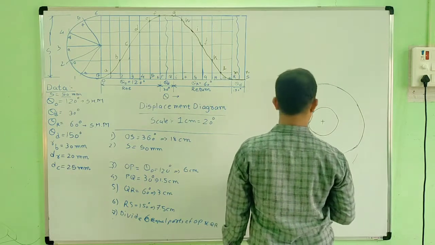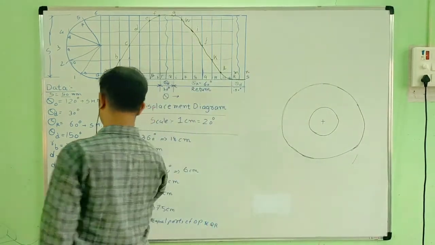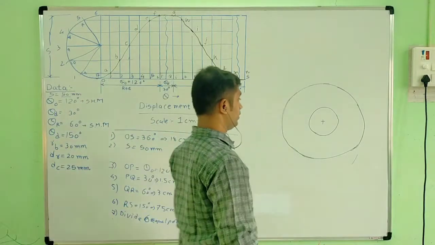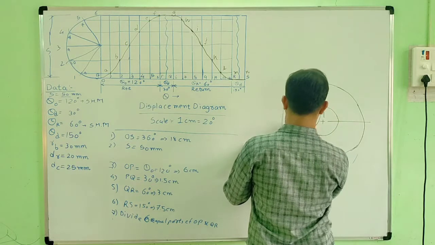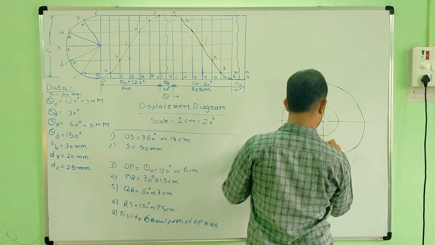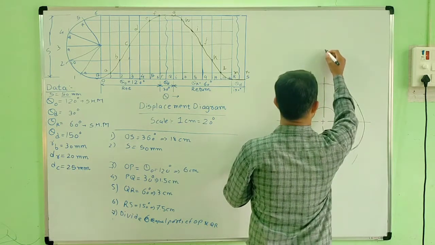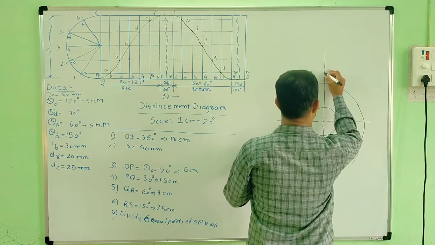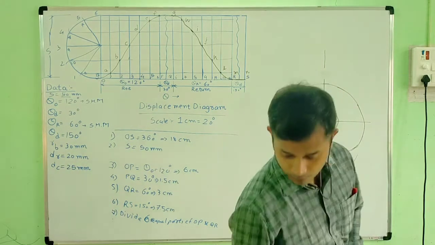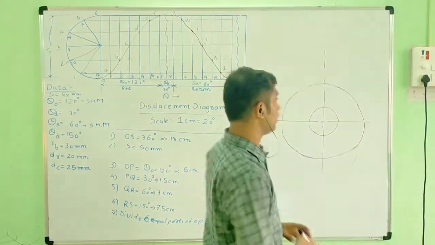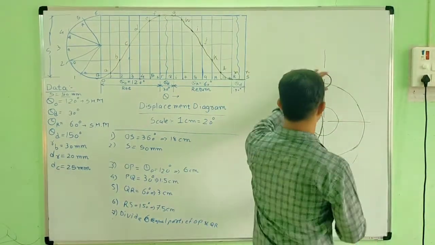Okay, chalo. And next what? Roller diameter. So first of all, make a center line. Then make a roller. So you have used a divider. I have used a ring, one ring.